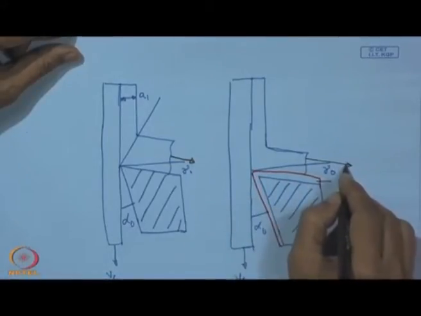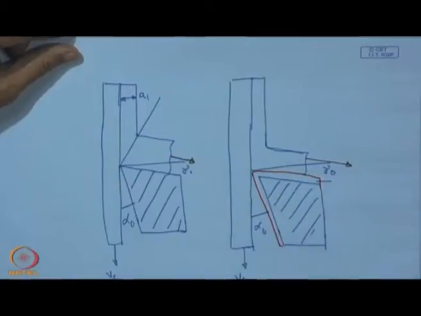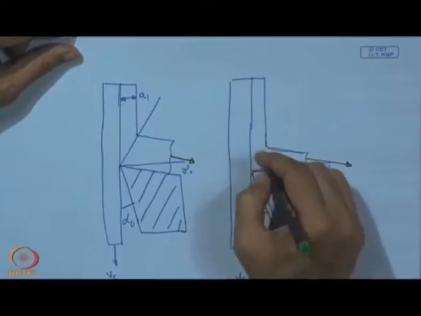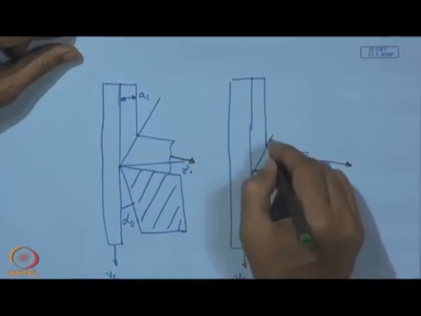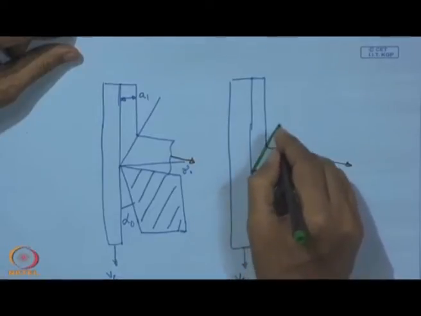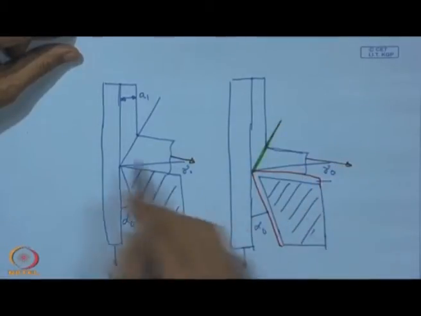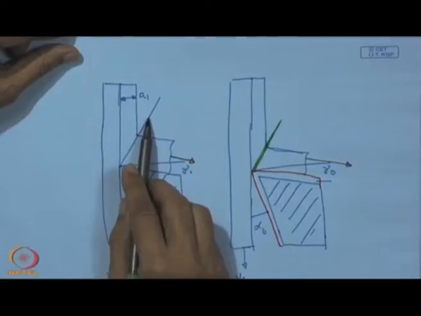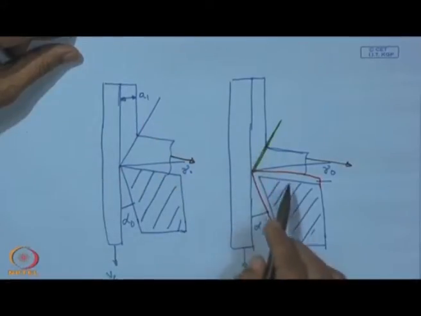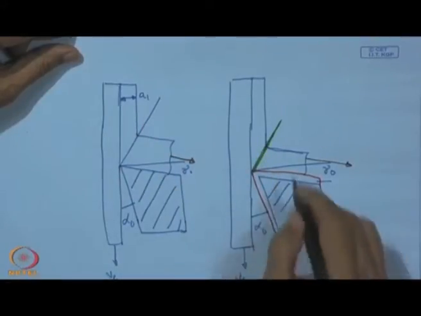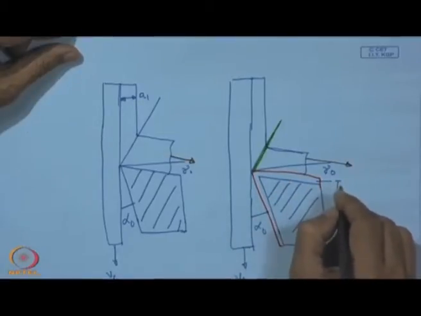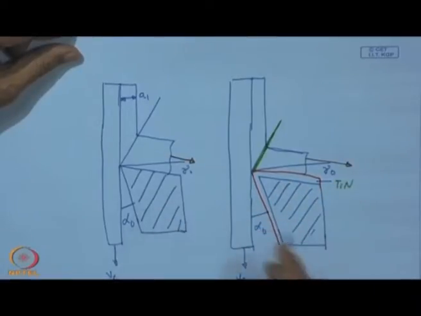So, this is also the face. Here also we can show the line. So, we have drawn this line, this is also the same line, but this is with the coated tool. So, this is TiN coating and this is without coating.